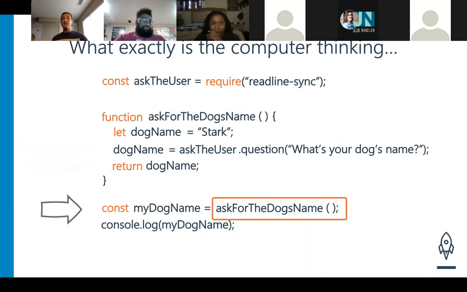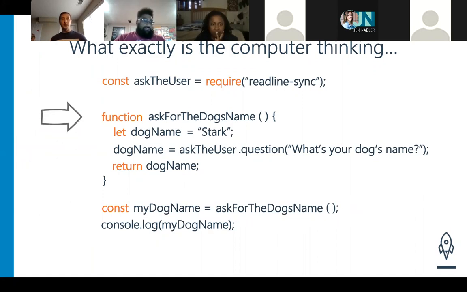Here, we're going to say ask for the dog's name. You just called the function. So it's going to say, okay, you called that function, let me go up there. It goes to the function, and it's going to run it now because it was actually called. So it goes in here and assigns dog name to Stark. Again, it's just useless information because we're going to come down here and ask for a new dog name.